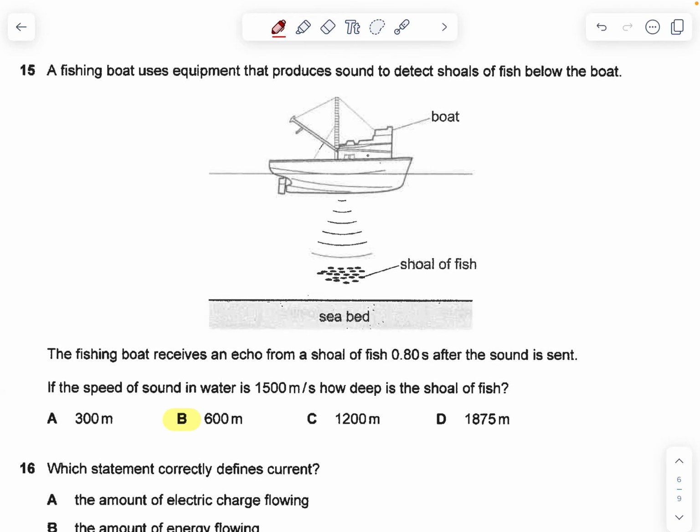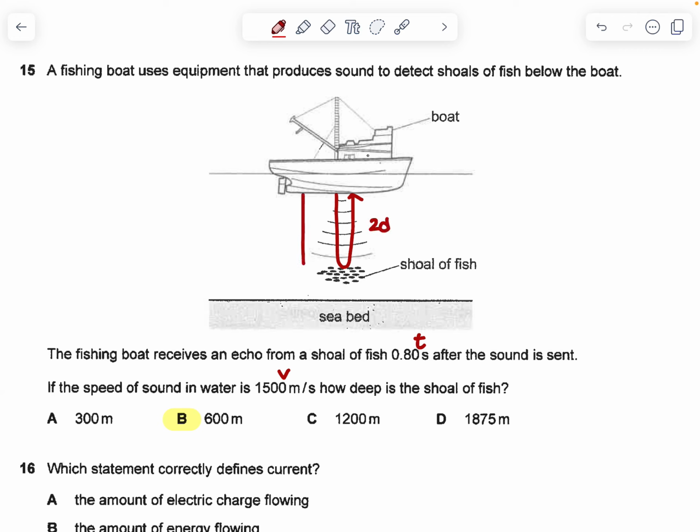A fishing boat uses equipment that produces sound to detect shoals of fish below the boat. The fishing boat will receive an echo from a shoal of fish, time 0.8 seconds after the sound is sent. The speed of sound in water, v, is 1500 meters per second. How deep is the shoal of fish? So as you know, for echo, the sound will hit the fish and bounce back. So it's 2d.